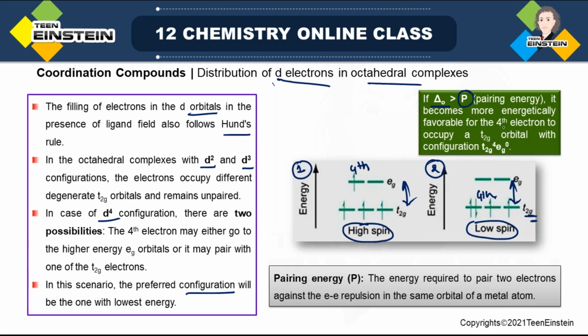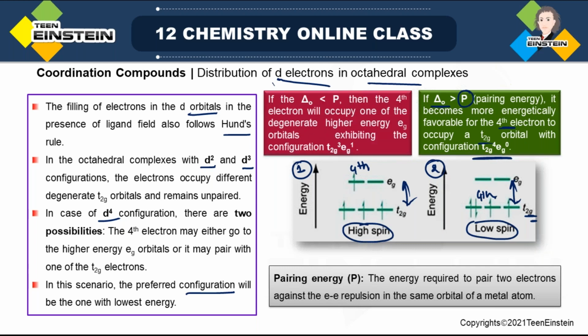So it becomes more energetically favorable for the 4th electron to occupy the t2g orbital, and ultimately the configuration will be t2g4 eg0. But if delta O is lesser than P, the 4th electron will prefer to remain in one of the degenerate higher energy eg orbitals, and the configuration will change to t2g3 eg1.